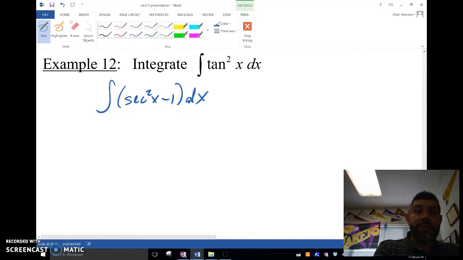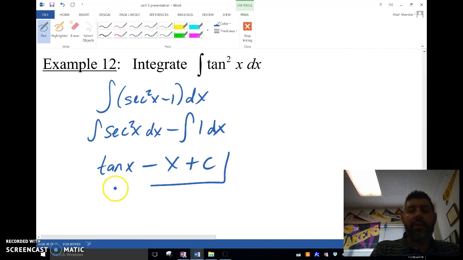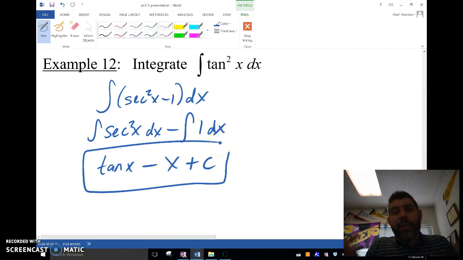That's a trig identity that we learned back in pre-cal. So we're going to have the integral of secant squared x dx minus the integral of 1 dx. And the integral of secant squared, well, actually, I know what the integral of secant squared is. That's just tangent. And the integral of 1 is x. You know what? I didn't even have to use ln in this one. So that was a tricky one, right?